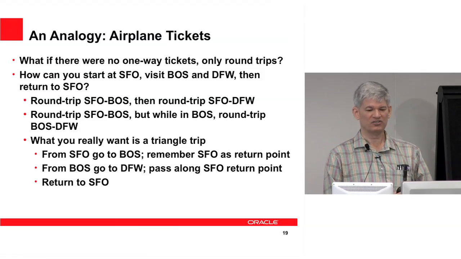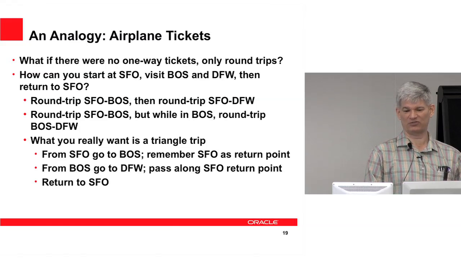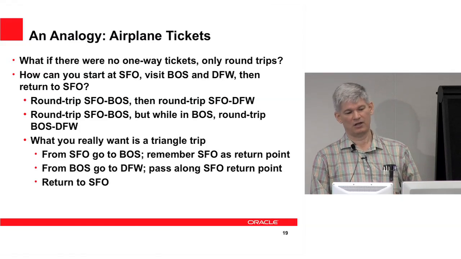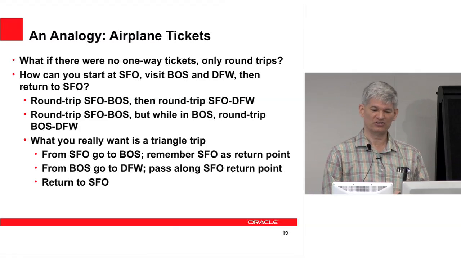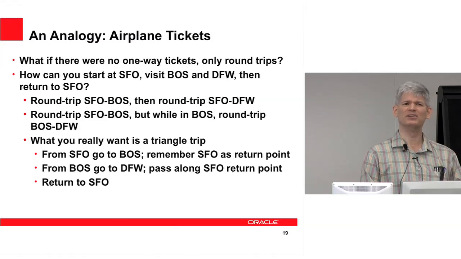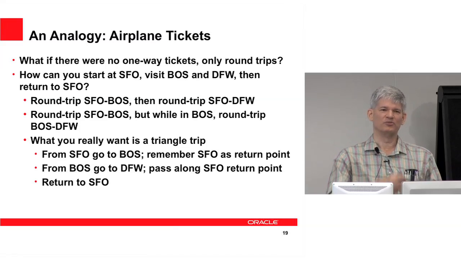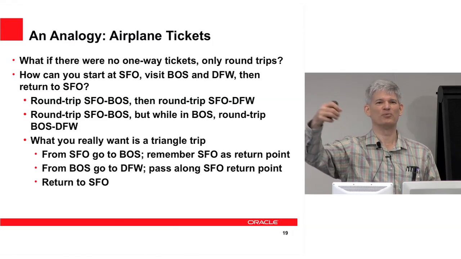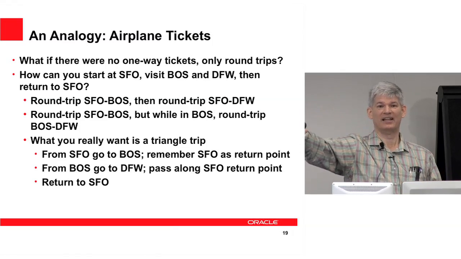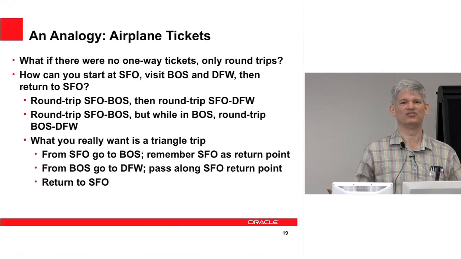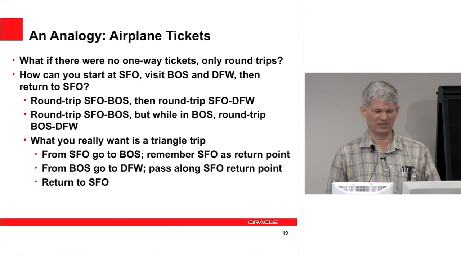So suppose you wanted to start at San Francisco, visit Boston and Dallas-Fort Worth, and then return to San Francisco. But all you've got is round trip tickets. Well, you could go round trip San Francisco to Boston and then round trip San Francisco to Dallas, but you've gone more distance than you'd like. Or you could get a round trip from San Francisco to Boston, and while you're in Boston, do the round trip to Dallas. That's okay too, you've still kind of gone out of your way. And if more than 3 cities are involved, then it gets increasingly ridiculous.